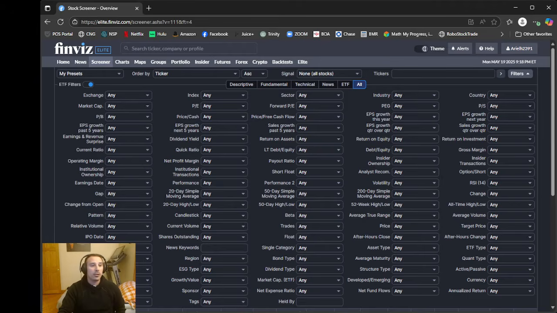So one of the first things that I tend to look for when I'm on Finviz is the market cap, right? So I don't want anything that's too massive, or too cheap. I want something effectively small, but it has to be over $300 million. I don't want to be in things that are under 200 million, or things that are 5 billion and above, right?